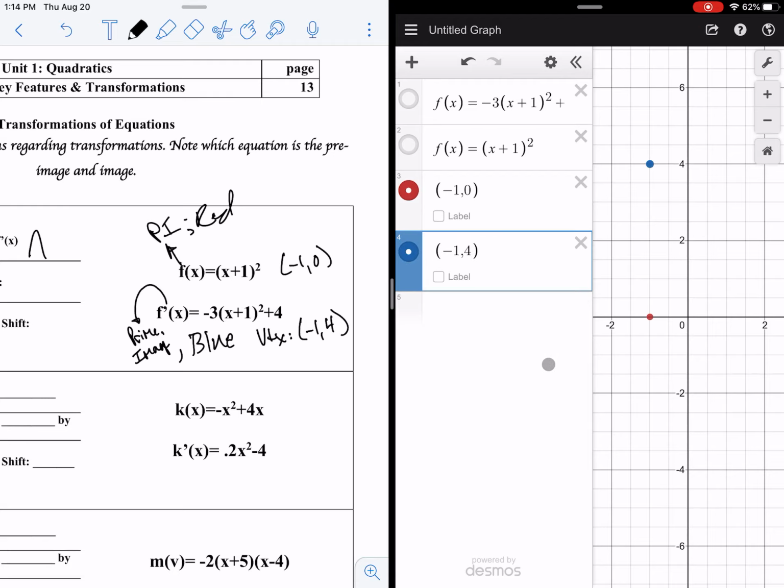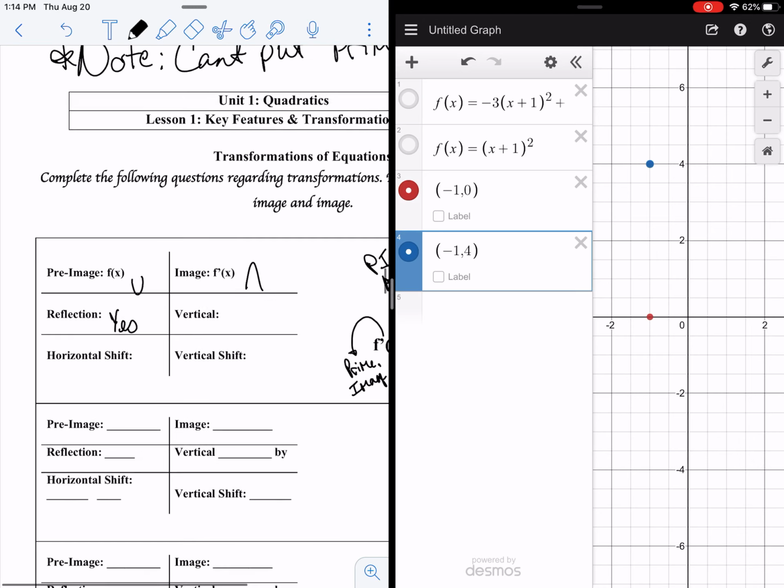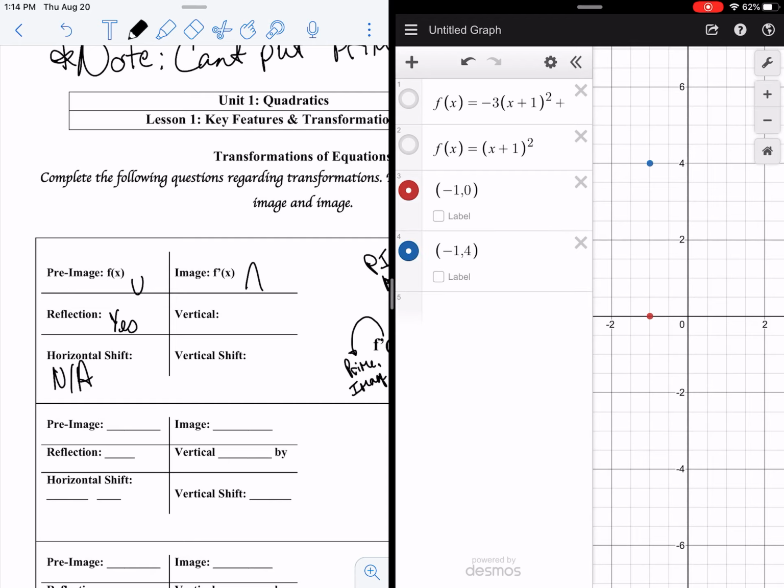So how would I go from red to blue? I wouldn't go left or right, so there's no horizontal shift. But for the vertical shift, I'm going to go up. I'm going to go up 1, 2, 3, 4, 5, 6, 7, 8.